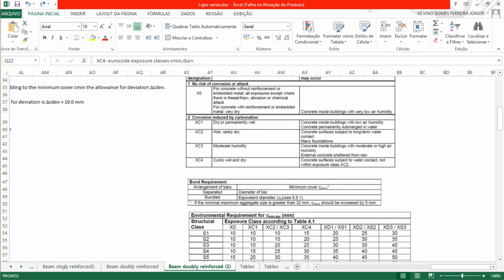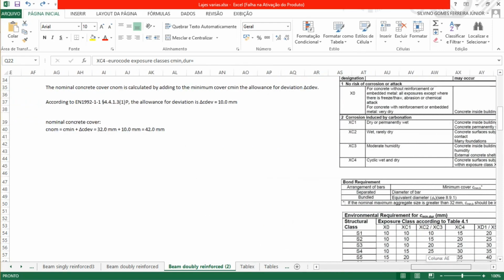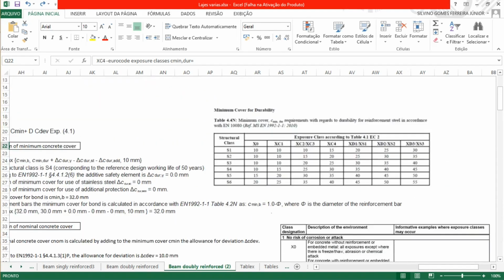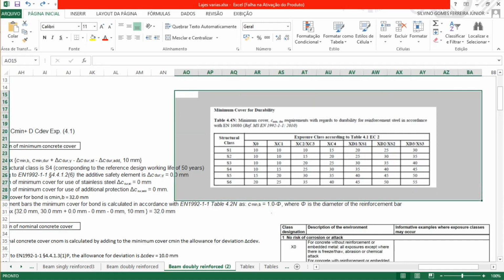Okay, so since this is the one that we are after, XC4 could be another one depending on the situation you have in your location. If we go here to the table in the Eurocode, XC4 crosses with S4, 30 millimeters for minimum cover.